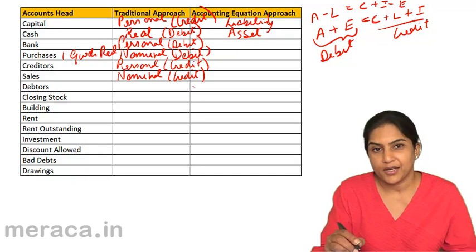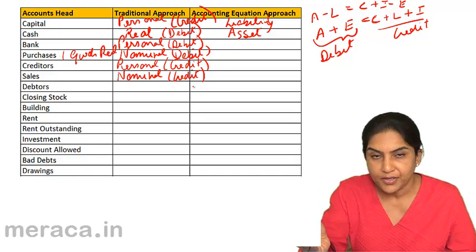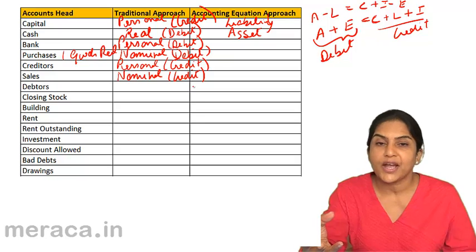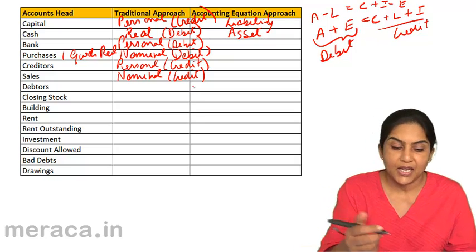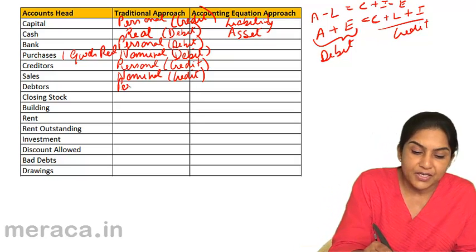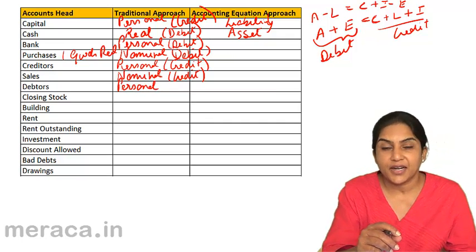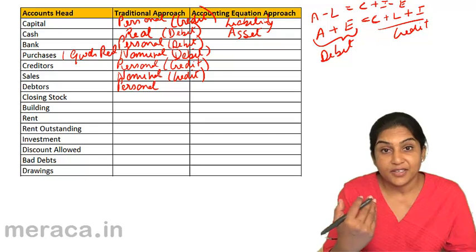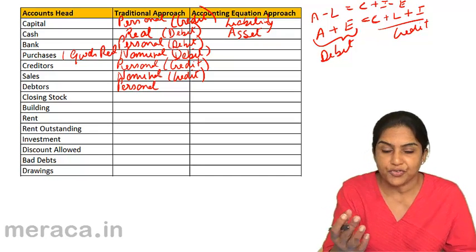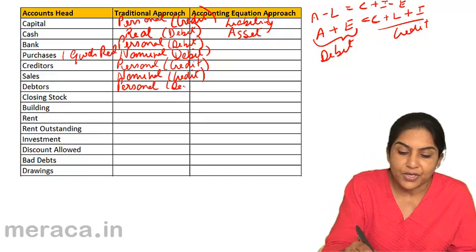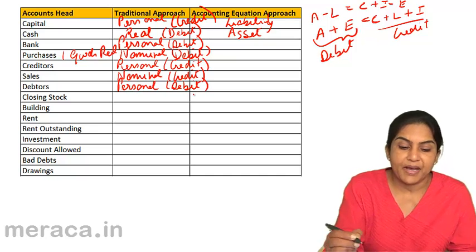Debtors is what? Person to whom we have sold goods and now he owes us money. So debtor is actually personal. Debit the receiver, credit the giver. He has received goods from us. So usually his is a debit balance, debtors.